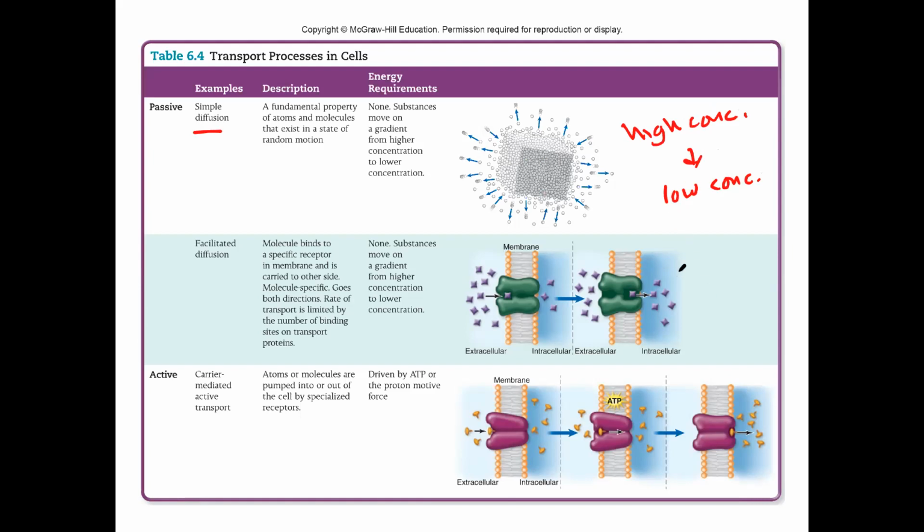In facilitated diffusion, you move from high concentration to low concentration, but you need a helper to do this, and the helper is usually a membrane protein. The reason for this is that for the material to move across the membrane, if it's charged or if it's polar, it has to have a special gate, tunnel, or pump. Here, that would be a gate or a tunnel in facilitated diffusion.